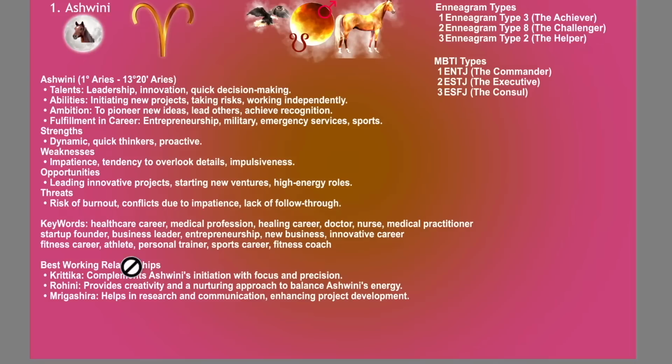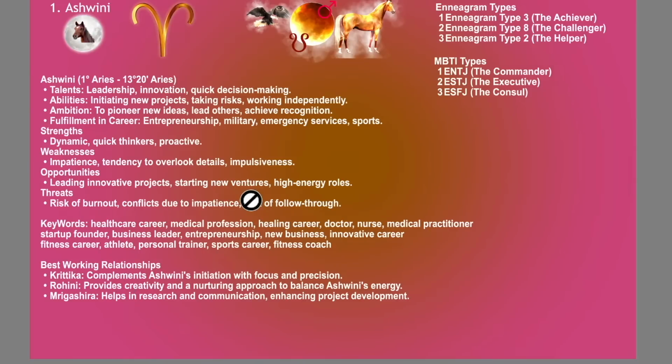Best working relationships it has with other nakshatras, for example, this one has with Kritika, Rohini and Mrigashira. And then we are going to bring in the Enneagram model types, 3 of them, which are closely matching with Ashwini kind of themes which we have discussed here. And later on, we'll also bring in the MBTI, again 3 types, which closely match with Ashwini.